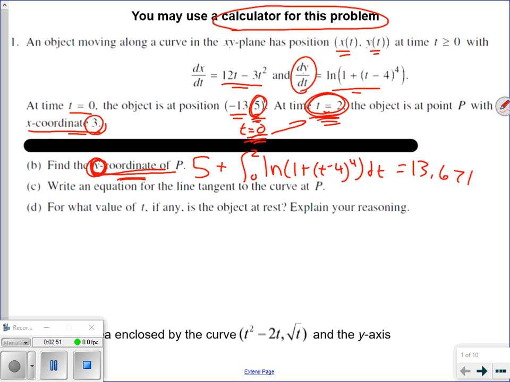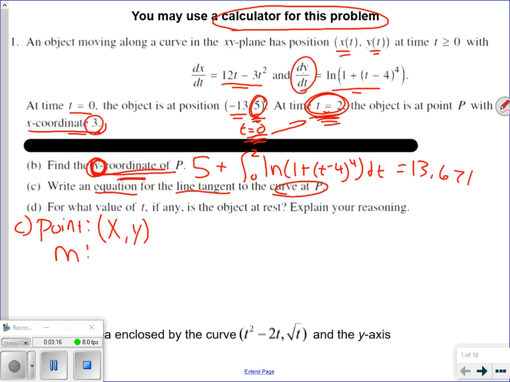All right, then it says write an equation for the line tangent to the curve at point P. Okay, so maybe I'll try to squeeze part B right here. Remember, if you ever want to do a tangent line, you need 3 things. So I never want you to overcomplicate it, even though we're in a different type of equation. We still need an x value, a y value, and a slope.